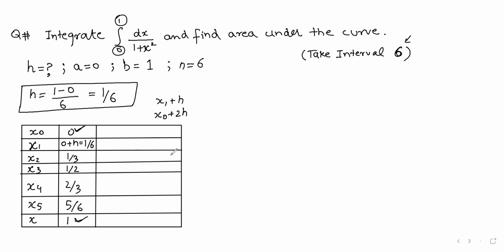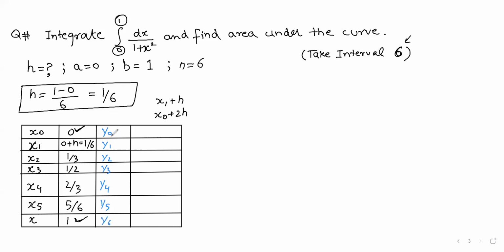Okay, so I hope this thing is clear. And now let's make the corresponding values, y naught, y1, y2, y3, y4, y5, y6.